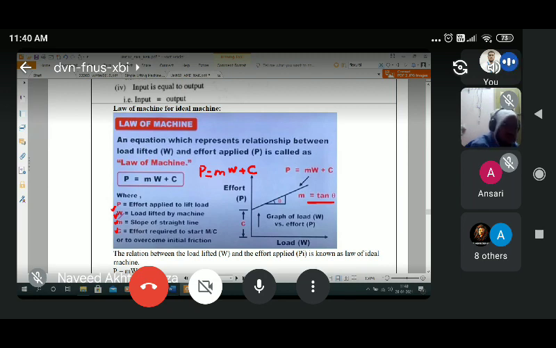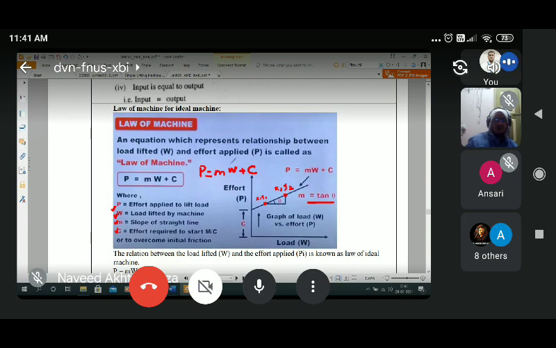You can also represent it by the graphical method. You can see here are 2 points, and when you are lifting the load you get 2 points on the axes, the graph of load W versus effort. So x1 y1 and x2 y2 are the coordinates of load and effort. Okay, so this is the law of machine.